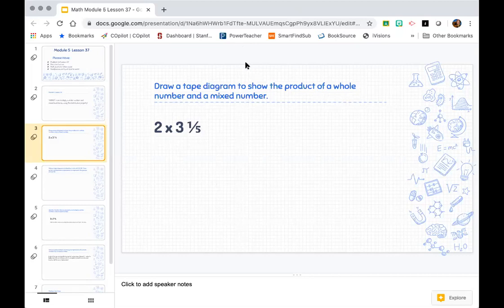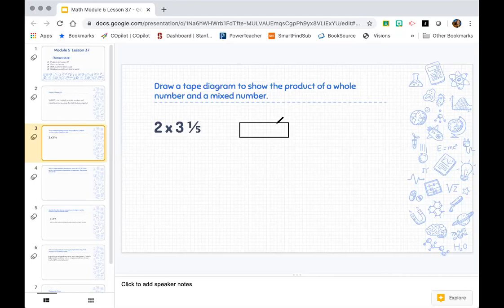So what we do is draw a tape diagram to represent just one copy of 3 and 1/5. Our tape diagram is a rectangle. We need to make it so that it represents that 3 wholes should be way larger than the 1/5.